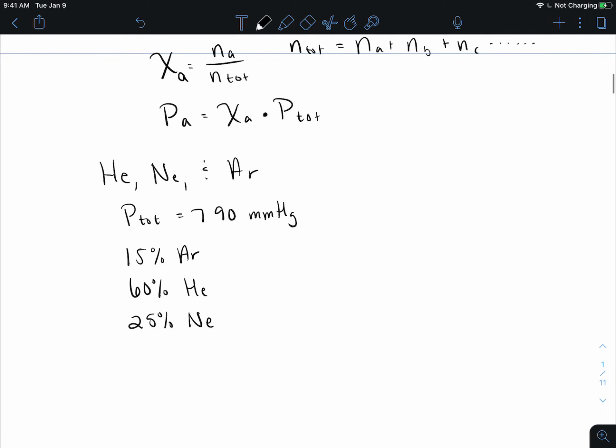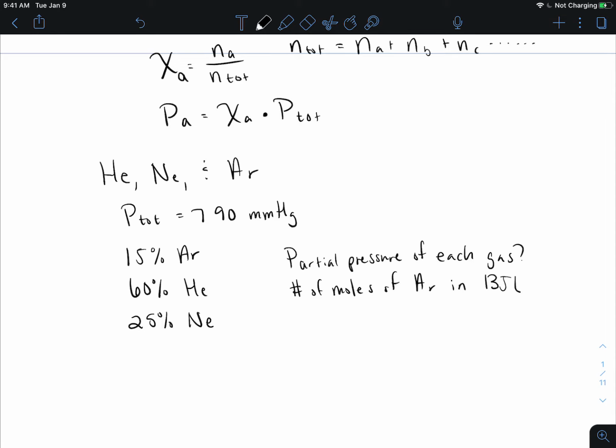We want to know the partial pressure of each gas, and then we want to know the number of moles of argon in 135 liters, assuming the temperature is 295 Kelvin.